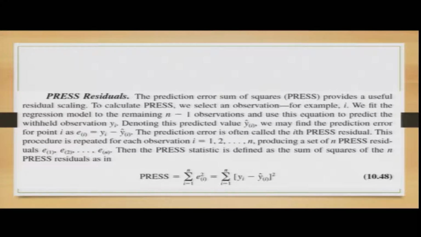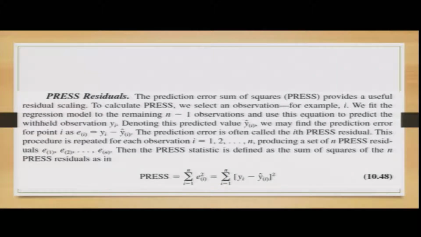We fit the regression model to the remaining n minus 1 observations, and use this equation to predict the actual value of y_i. i can be anything: 1, 2, 3, 4, 5, 6 till n, and predict it with the corresponding y hat value. Denoting this predicted value as y hat, we may find out the error. The prediction error is also called the ith error for the prediction sum of squares.